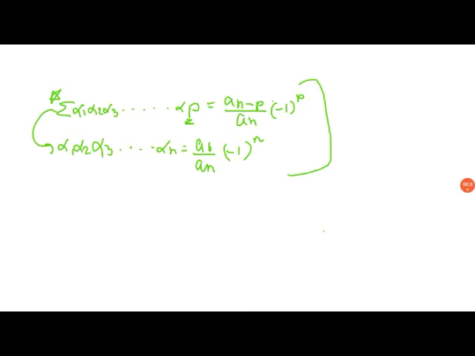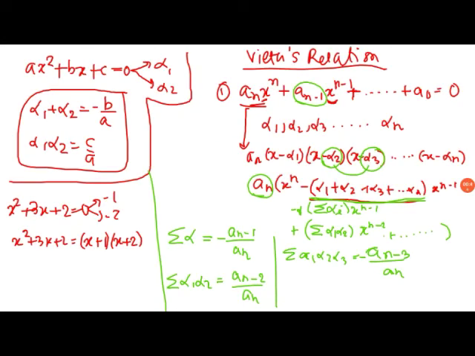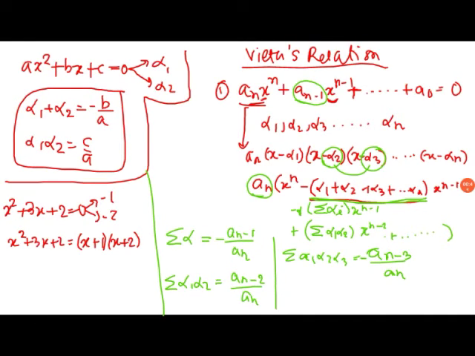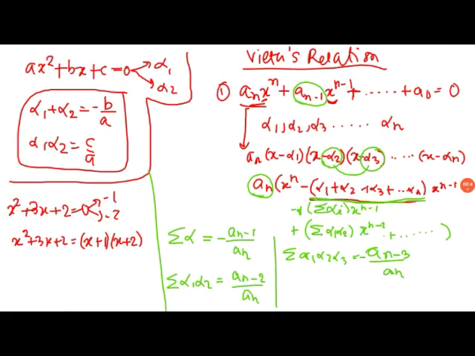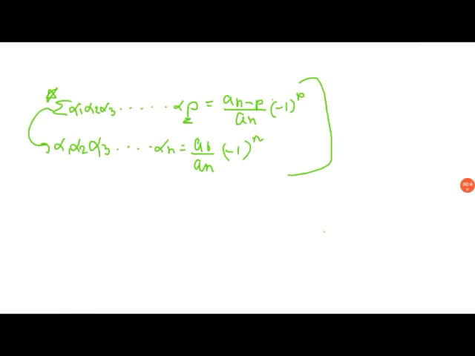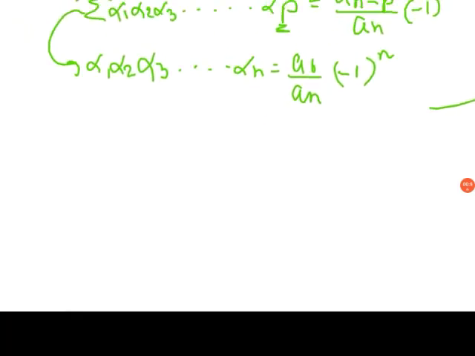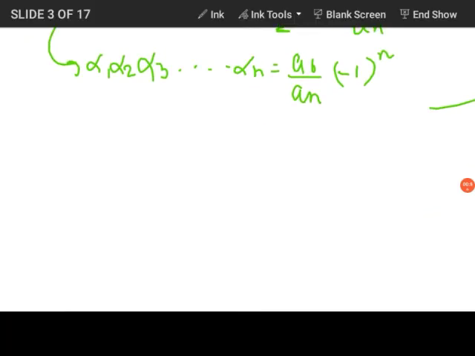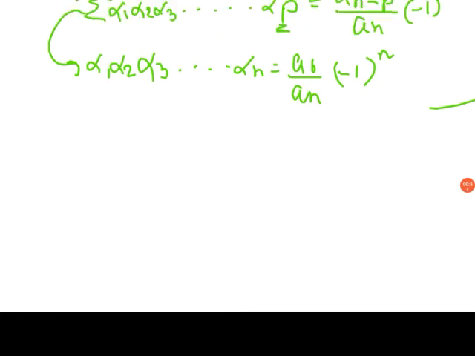Now I want to clear all your doubts. One doubt may come, like the comparing part. For example, let's take the x raised to the power n minus 1 coefficient.